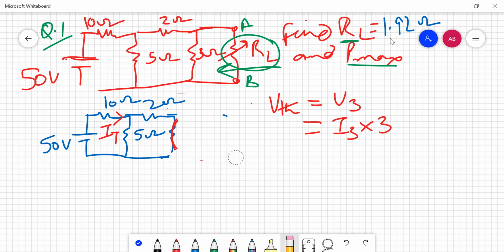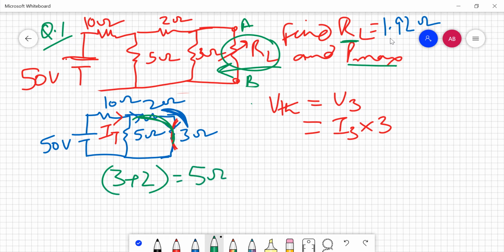For that, I can rub out these open branches here. These branches can be rubbed out because they are open and there will be no current going from my 50 volt source towards the AB terminals. Now if you check here, you will find that this 3 and 2 are in series, because whatever current goes here will go here. So that makes it 3 plus 2, that is 5 ohms. Now 5 ohm and 5 ohm are in parallel because the current that comes here gets divided into two parts.